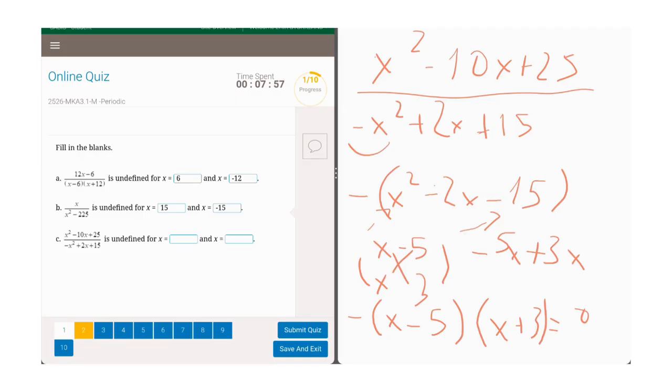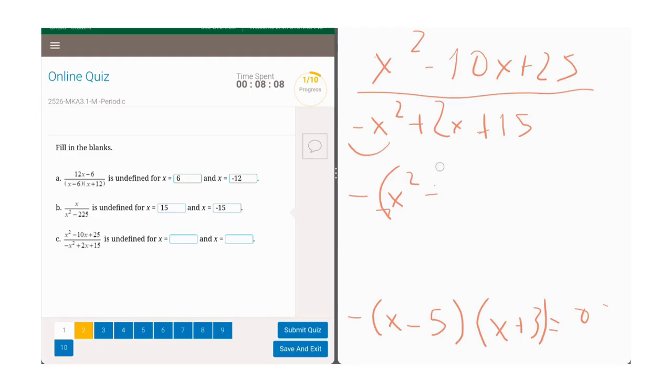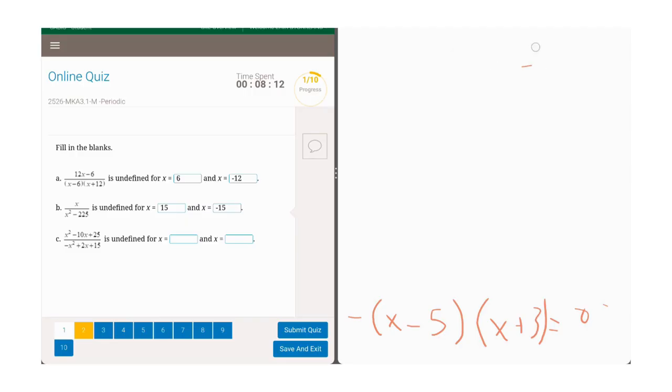And then we use the formula x minus 5 equals 0, x plus 3 equals 0 to find the values of x. Move negative 5 to the other side, you get x equals 5.